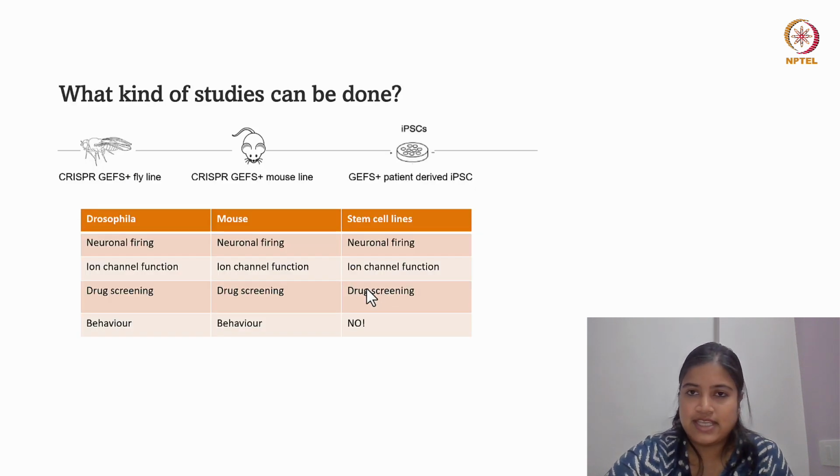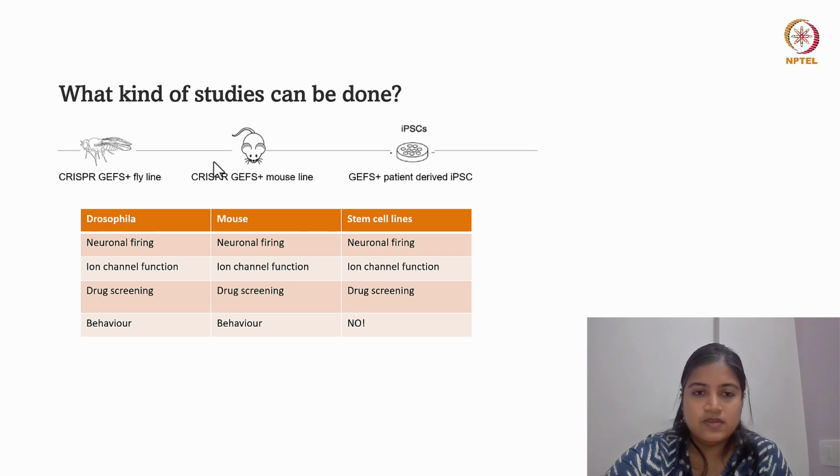So what kind of studies can be done using different kinds of transgenic animals? If we look at Drosophila, we could look at the neuronal firing in the brain. We could study the ion channel function. We could do drug screenings on adult flies or even larvae. And we can study the seizure behavior in adult flies.